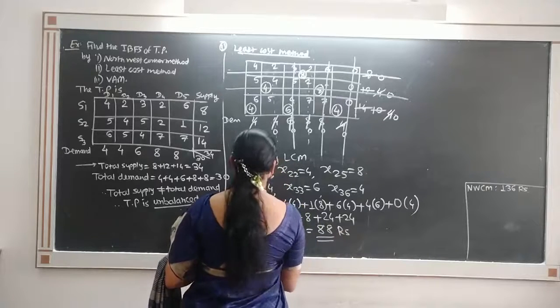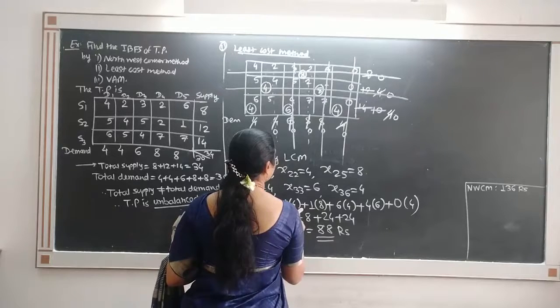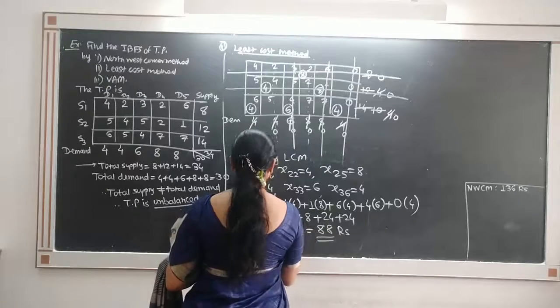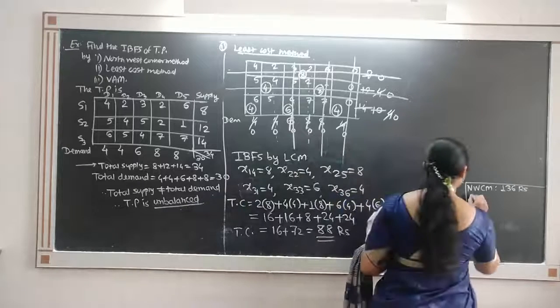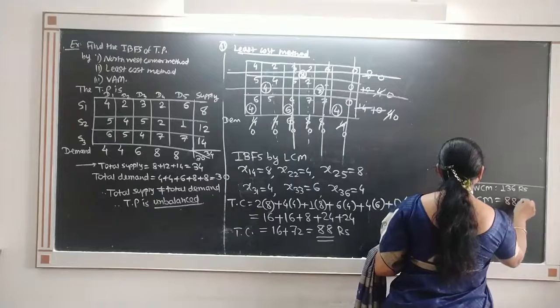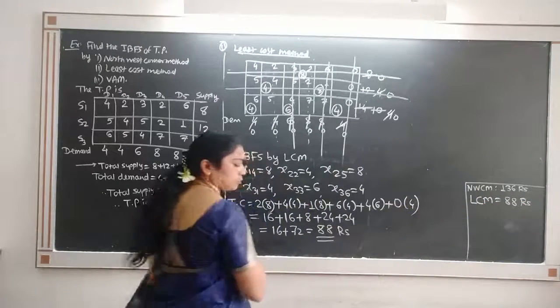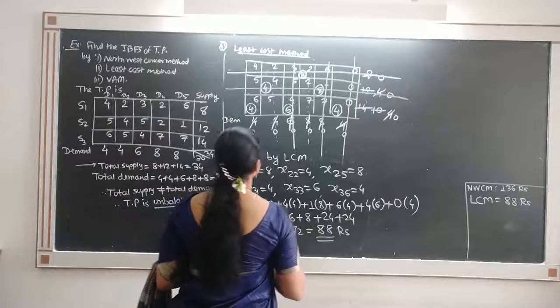So the transportation cost is 88 rupees for this by least cost method. Now consider the same example by VAM.